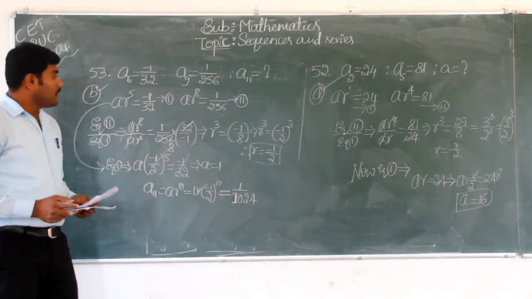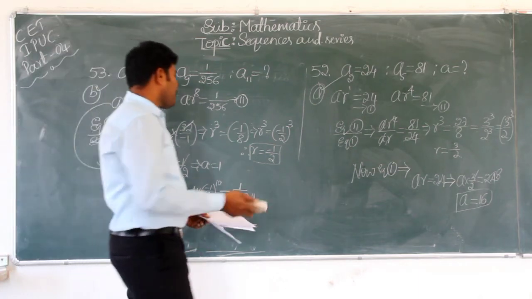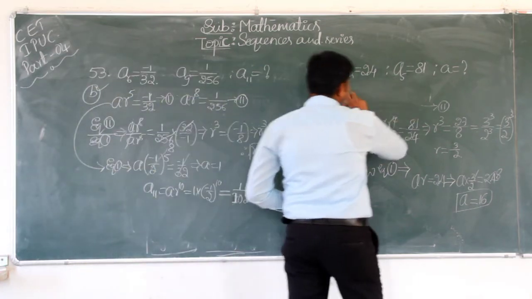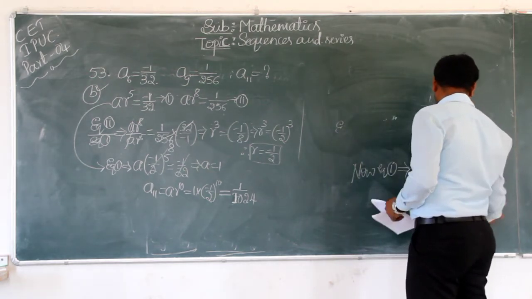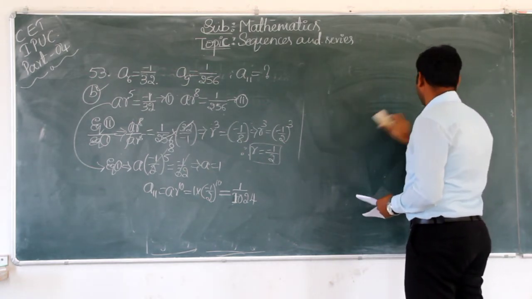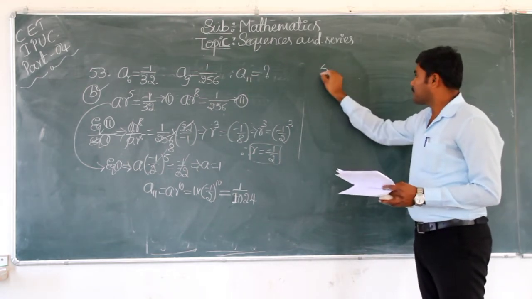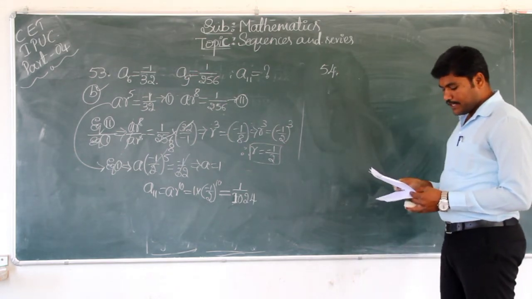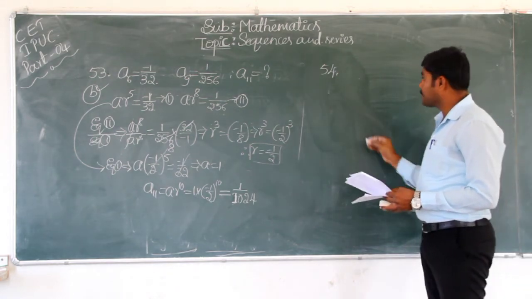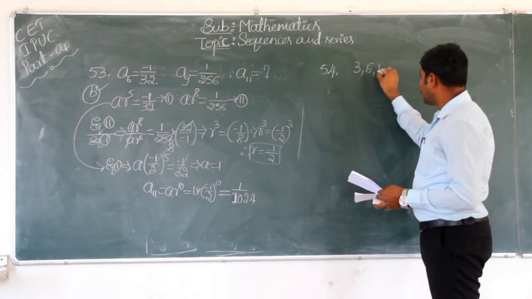Now take down the next problem, problem 54. The sum of 20 terms of the progression. Here the progression is 3, 6, 12 and so on.